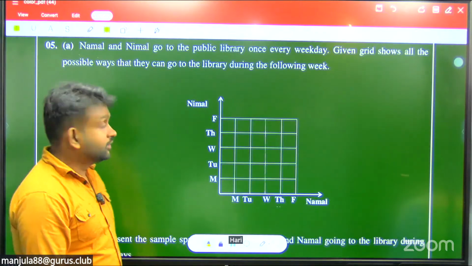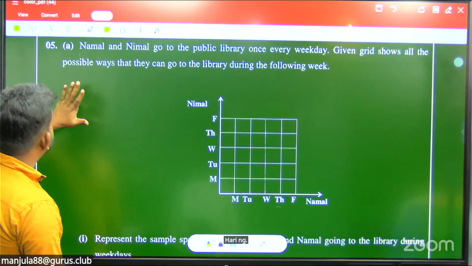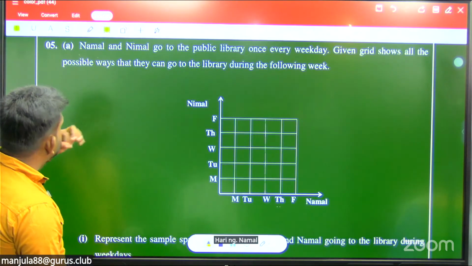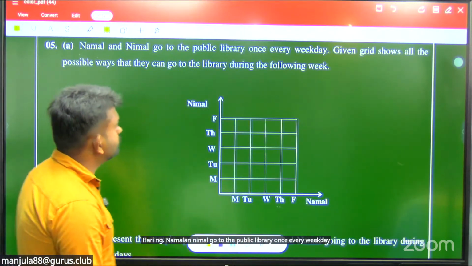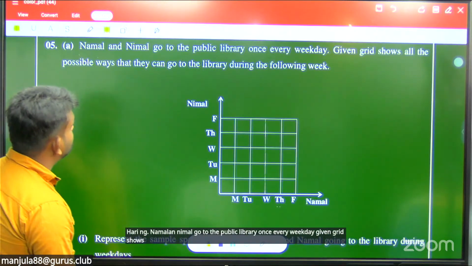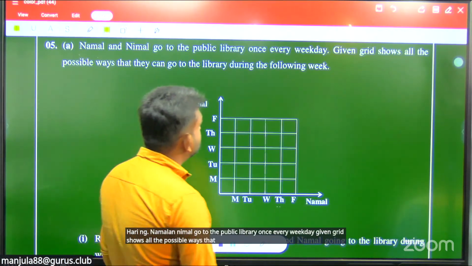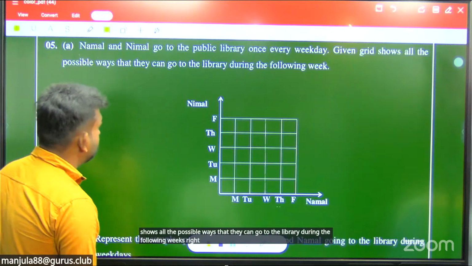Now we go to question number 5. Namal and Nimal go to the public library once every weekday. The given grid shows all the possible ways that they can go to the library during the following weeks, right? Namal and Nimal, right?